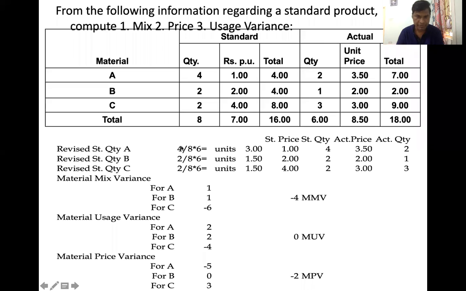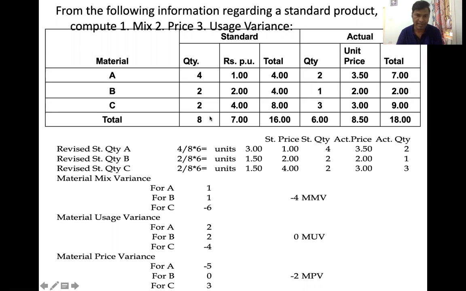Right, so let's talk about material A. The standard quantity of material A expected to be consumed is 4 units, and the total means all types of materials used. There are three types of material used and the total standard quantity of all three types is 8.